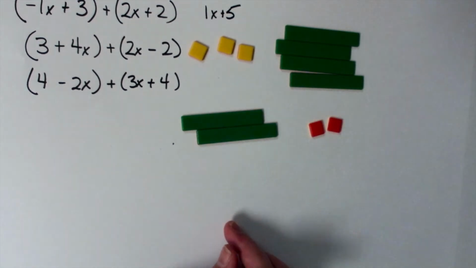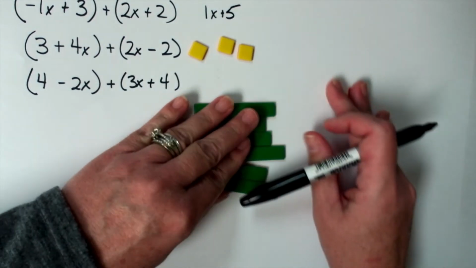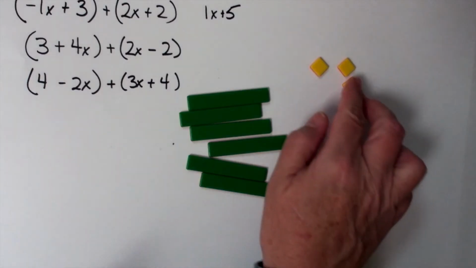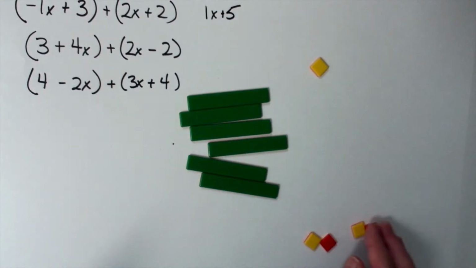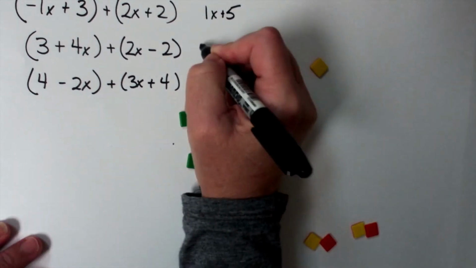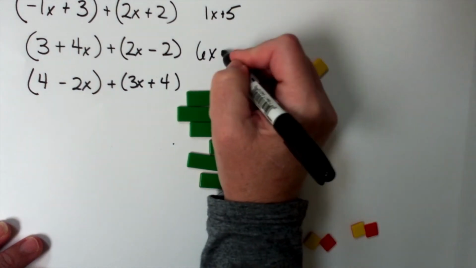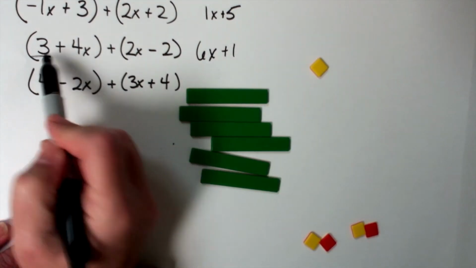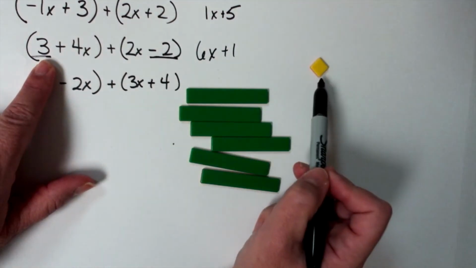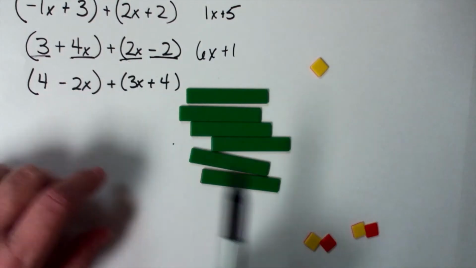Now I ask myself, do I have like terms? I do. Do I have any zero pairs? Yes, I do. And my answer is 1, 2, 3, 4, 5, 6x, and I have 1 plus 1. So my 3 and my negative 2, when they get together, makes positive 1. 4x and 2x makes 6x.